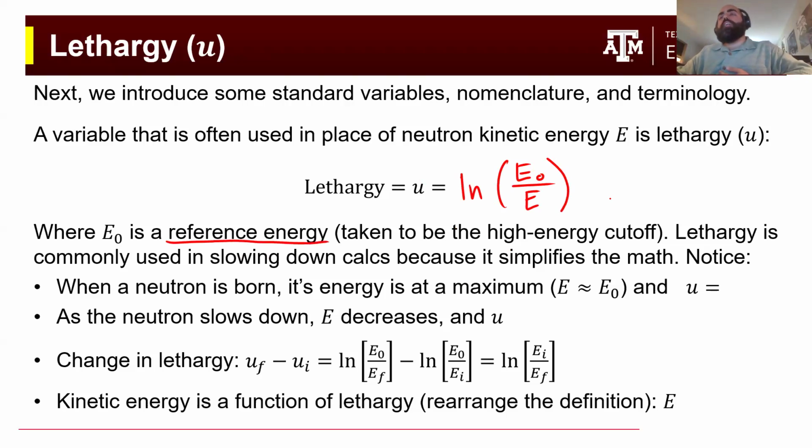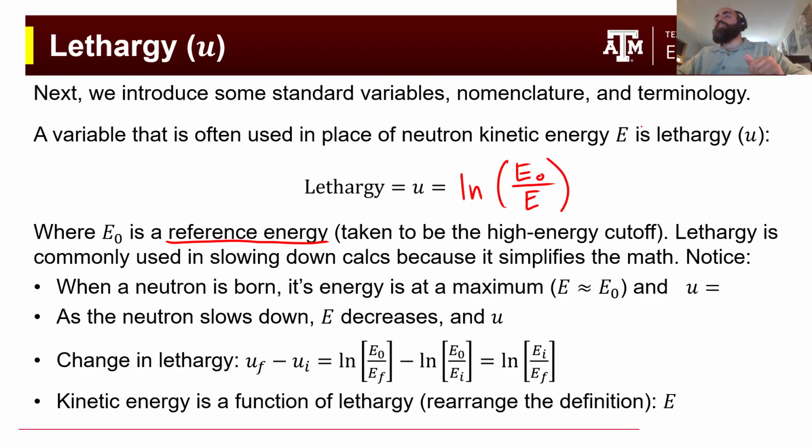Like in the previous problem, we set E0 to be whatever our high energy cutoff is for our reactor: 10 MeV, 2 MeV, somewhere in the several MeV range. And E is just the kinetic energy of the neutron, and it could vary from E0 to 0, right? E0 would be the maximum, and 0 would be the minimum.